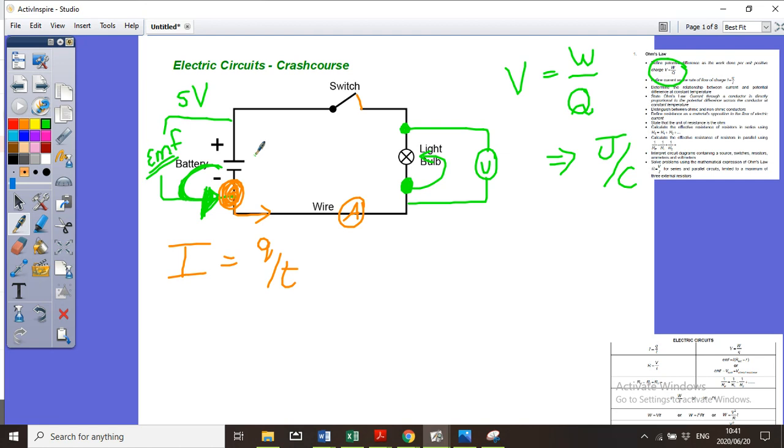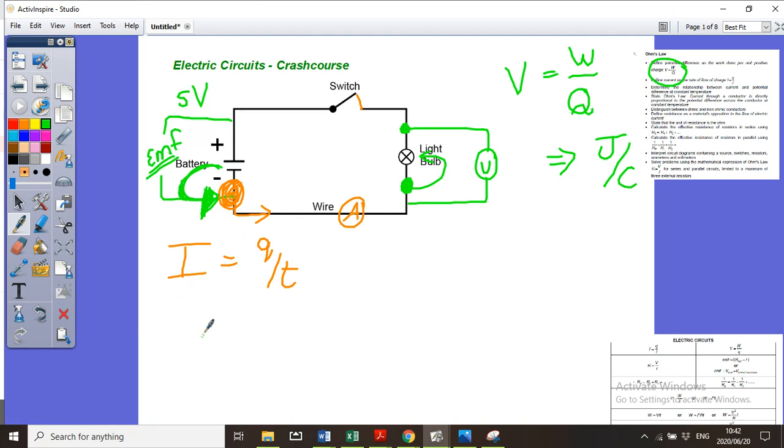So some of the energy, some of the W, gets used inside the battery. And that's what some people call lost volts. Not really lost because it's used inside the battery, but it's not available for us in the external circuit to use. So keep that in mind. This would be 5 joules given off in an ideal circuit when there's no internal resistance.